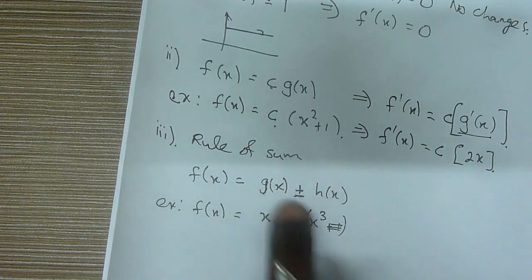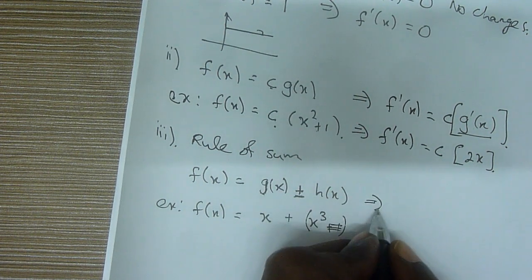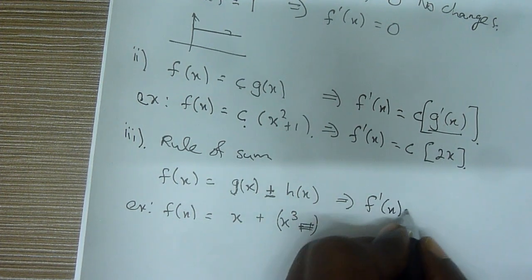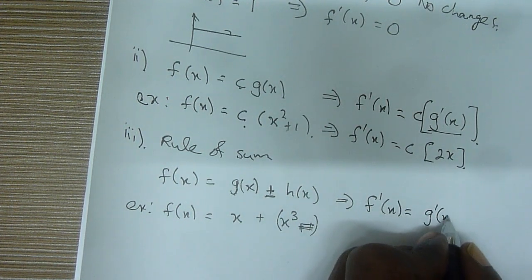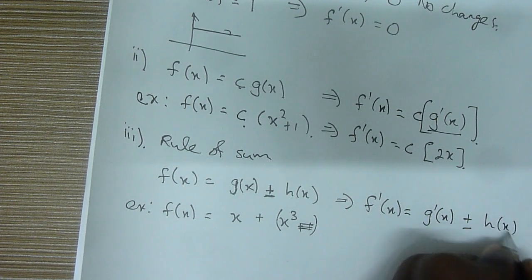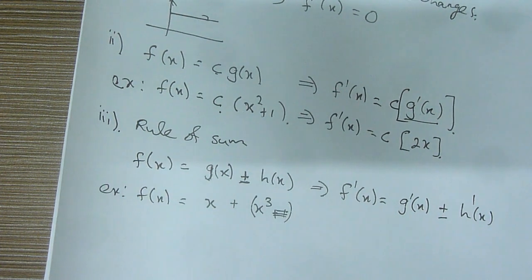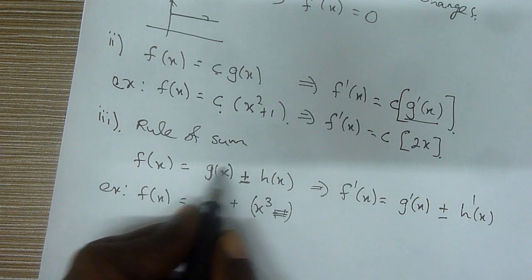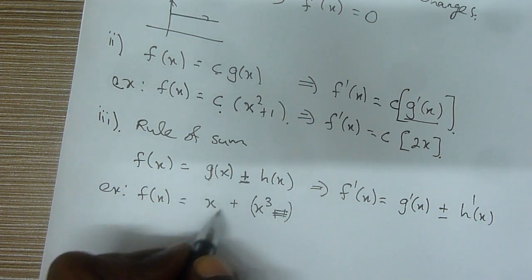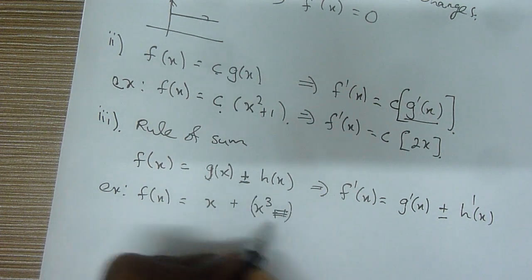Therefore, when you differentiate this f(x), you differentiate exactly separately based on the sum. This is one of the properties of differentiation, whereby you can segregate the functions into separate ones. Therefore you can evaluate this separately and you can evaluate this separately.